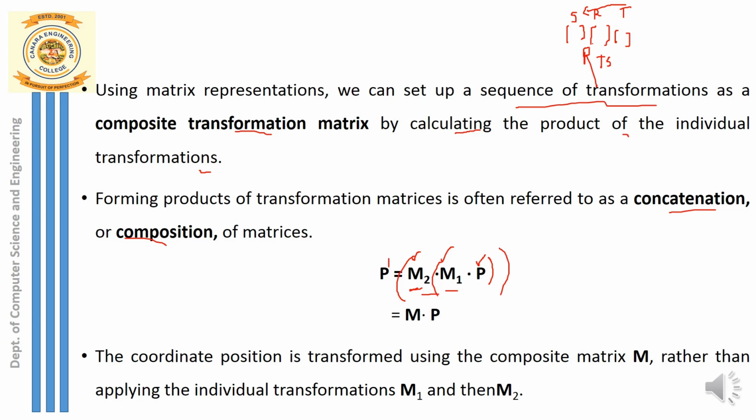In general, you can even multiply these two matrices M1 and M2 and get a single matrix M, which you can multiply with the point P in order to get the resultant P dash. So we are not applying the transformations individually. With the composite matrix, we are actually concatenating the matrices, and then applying the result to the object or point.